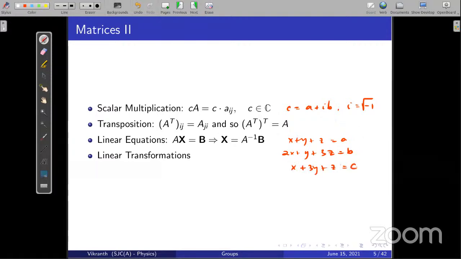This system of equations can be solved using matrices. I won't be getting into that. And another application of matrices is to understand linear transformations. It's when you transform your vectors or your coordinate space, you try to transform your entire space into something else. Linear transformations are understood using matrices.